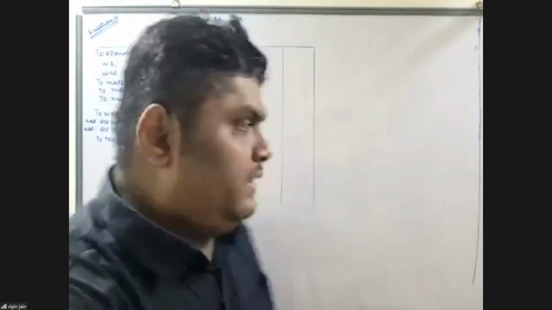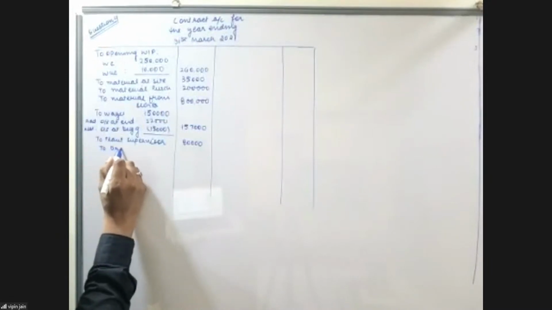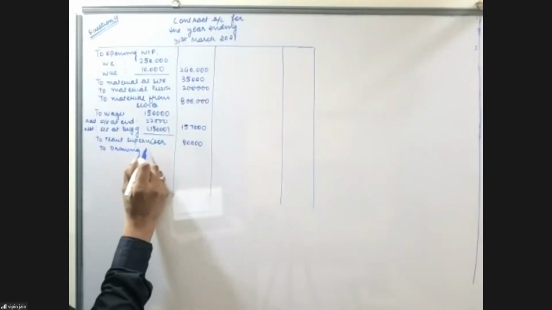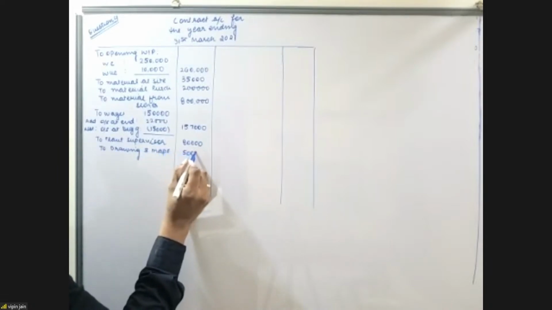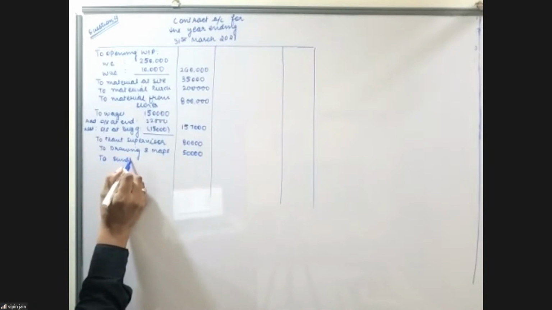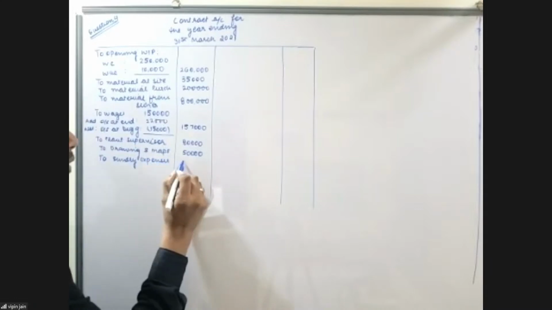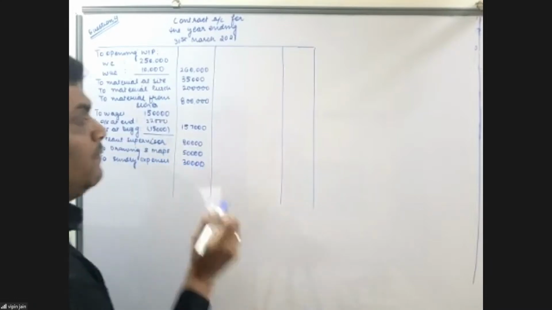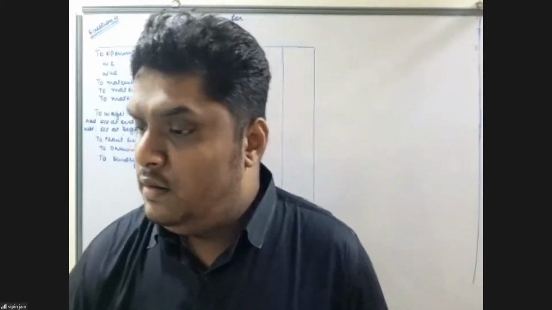Drawings and maps 50,000. Sundry expenses are 30,000. Electricity charges are 40,000.